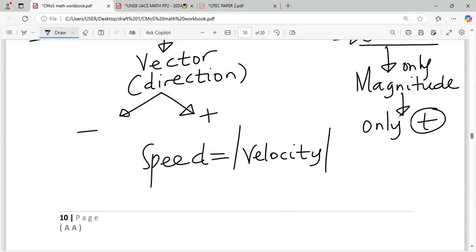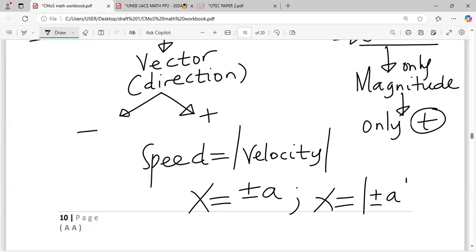Because you know very well, if at all you have x equaling negative or positive a, the moment you say magnitude of a, whether it is a positive or a negative, that one will give you a as a must, you like it or not. It won't change.